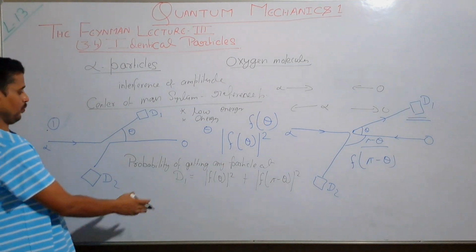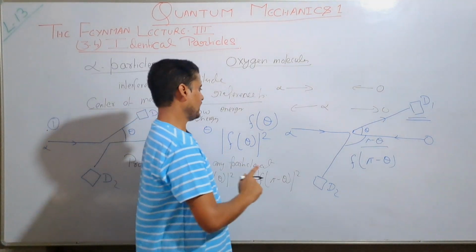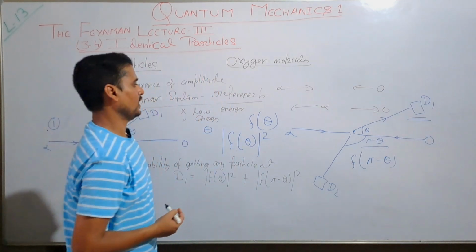This is the probability of getting any kind of particle at detector D1.